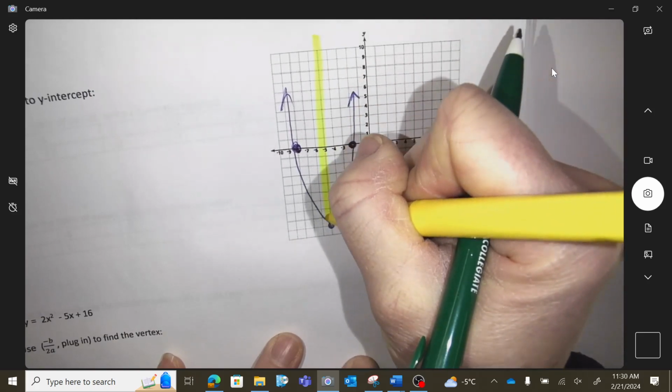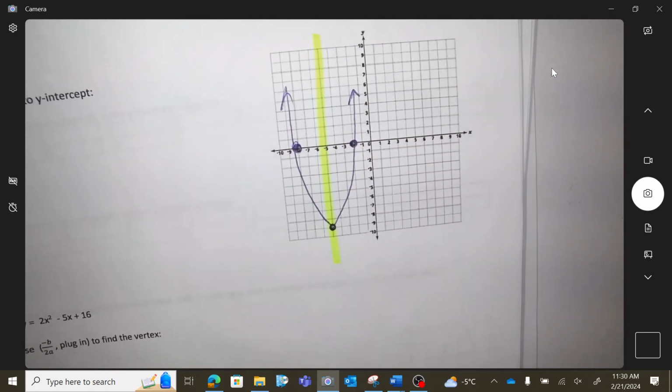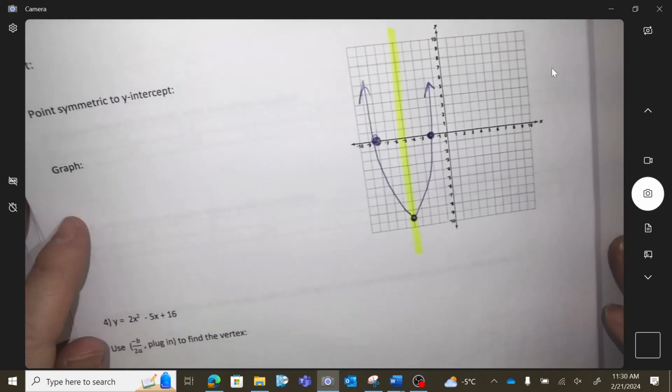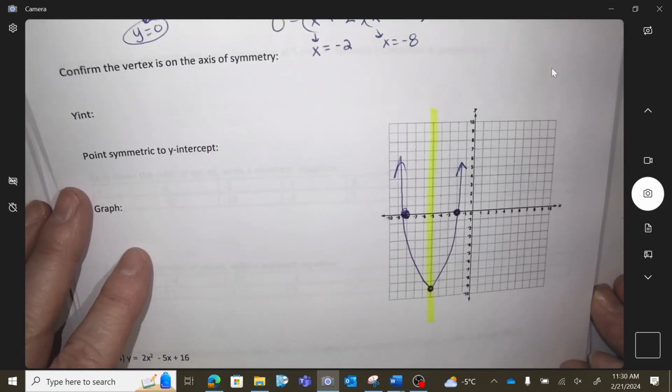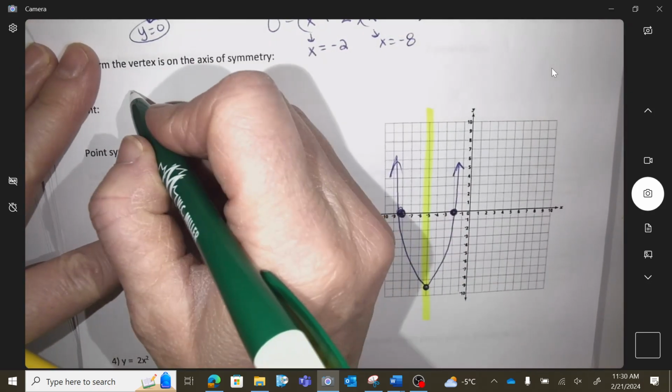I'm going to draw my axis of symmetry on this one. Confirm that your vertex is on that axis of symmetry.